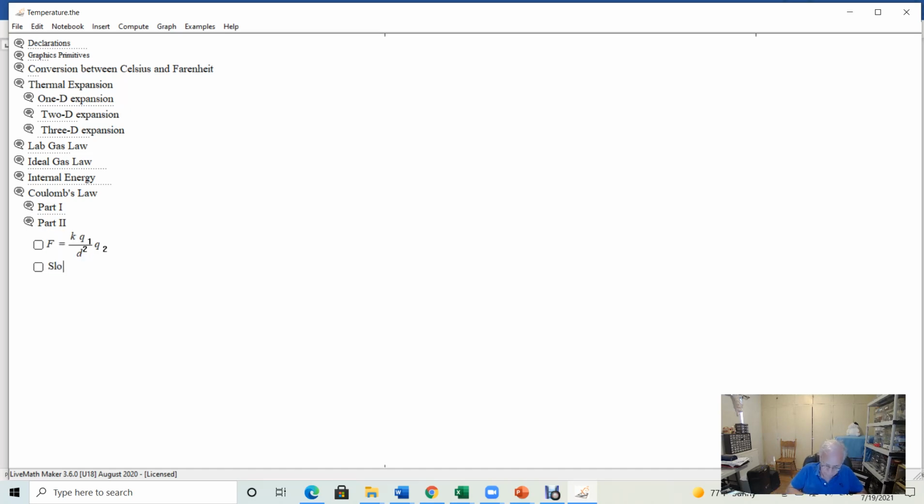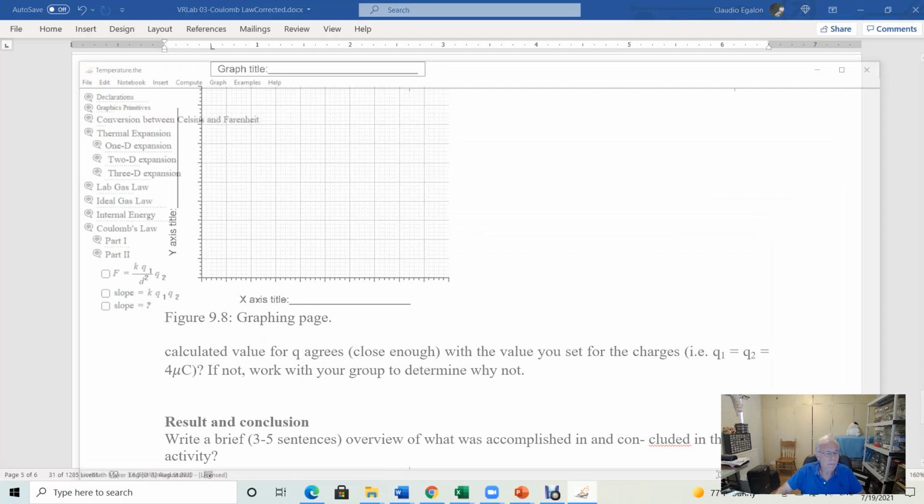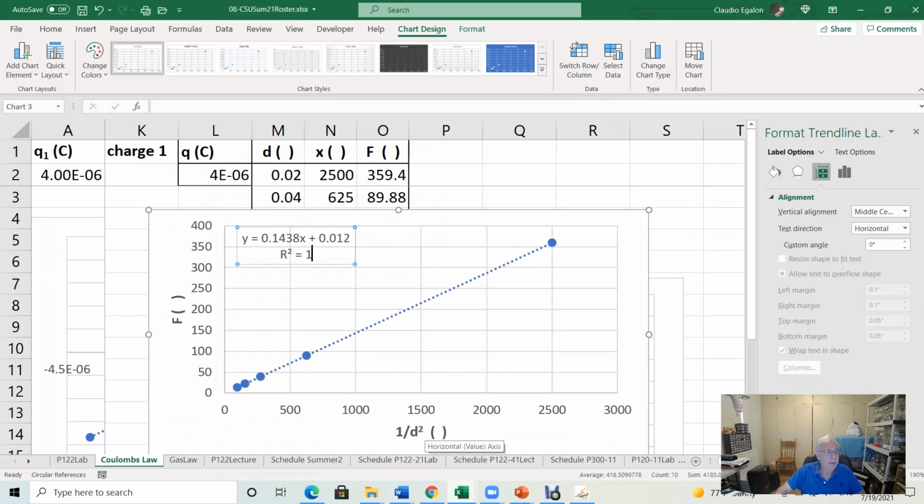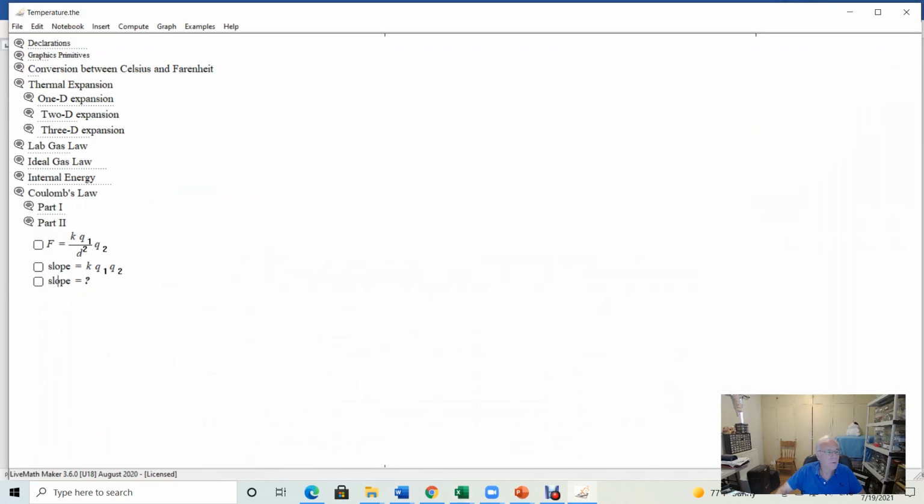So the slope now is going to be given by K, Q1, Q2. That is the slope. And what I'm getting for the slope is 0.1438. The slope has a unit of newtons divided by what?